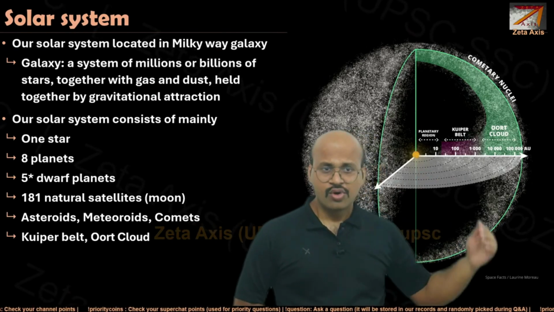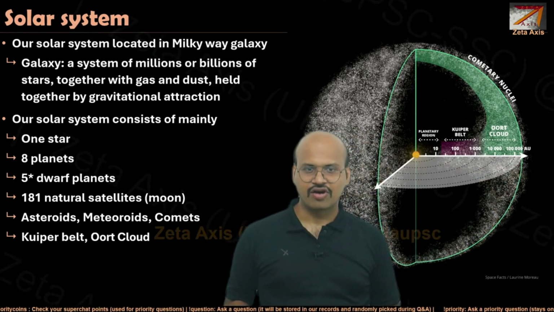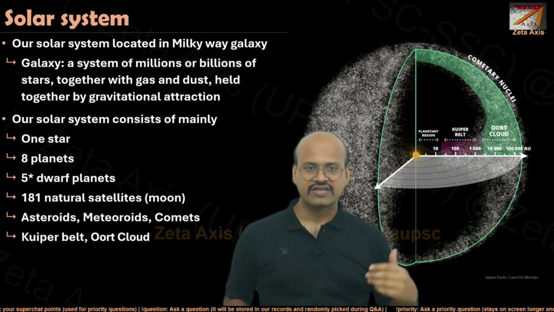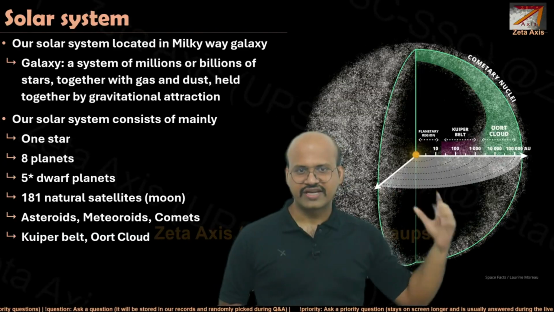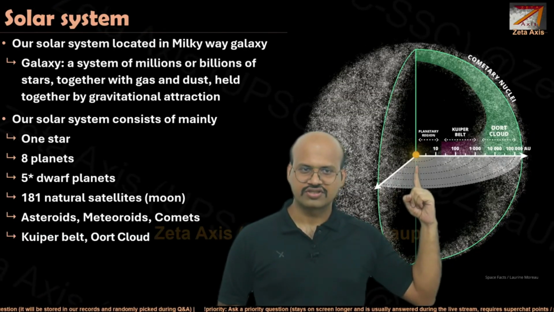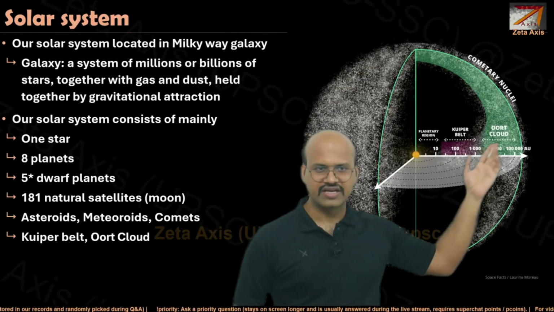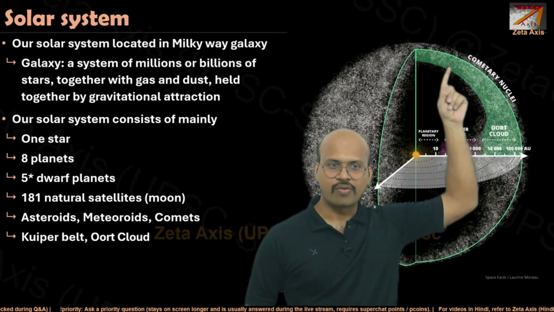And remember, most of the comets, which have a very long life cycle of like 76 years or 80 years, during which they revolve around the sun. So they take around 70 or 80 years for one revolution around the sun. So they are considered to be originating from these Oort clouds. See, it is said cometary nuclei.